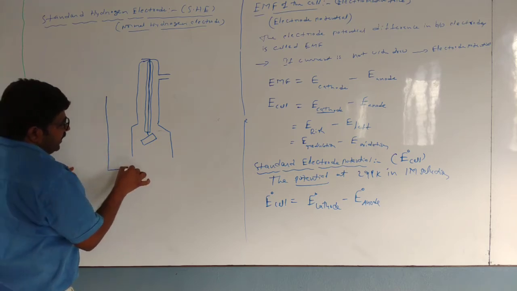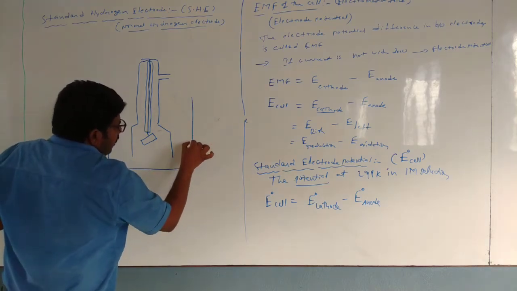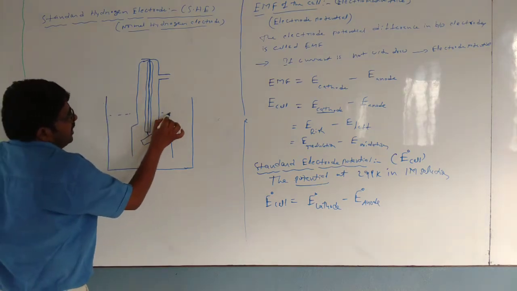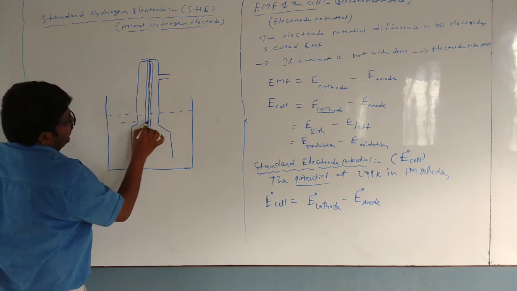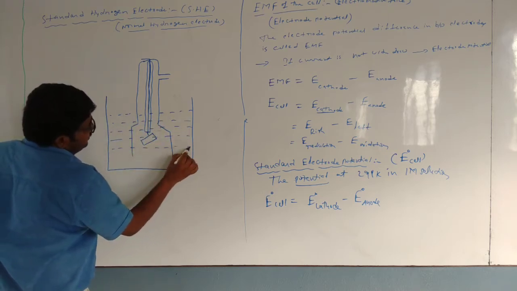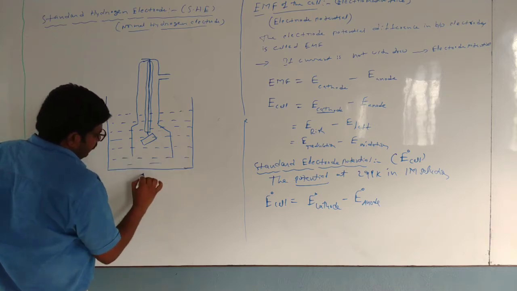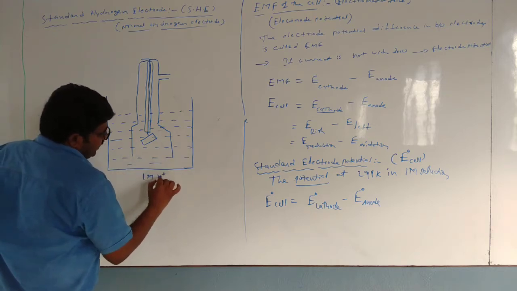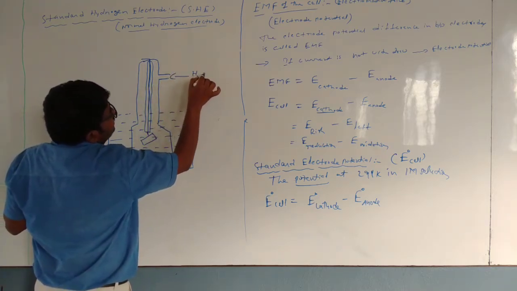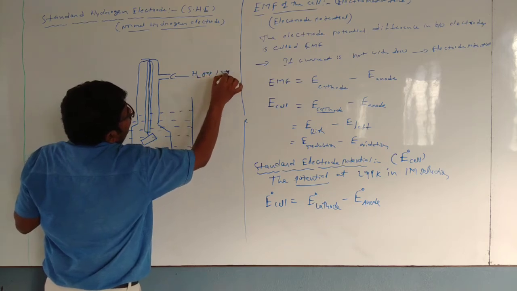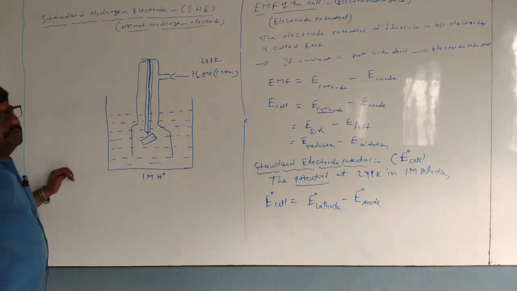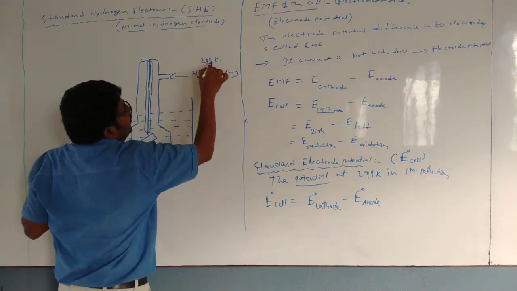That beaker contains 1 molar concentration of acid solution. What is the concentration of the acid solution? That is 1 molar H plus. H plus means acid. Now we have to pass hydrogen gas here at 1 atmospheric pressure and 298 K temperature.